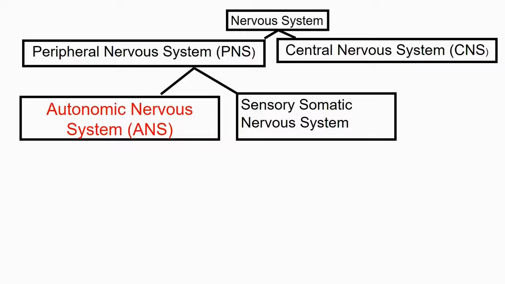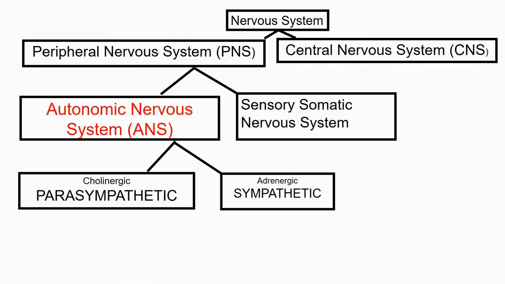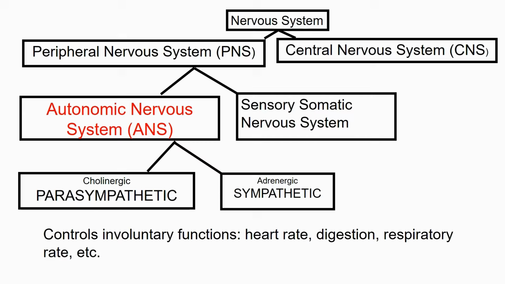The autonomic nervous system is further divided into cholinergic, also known as parasympathetic effects, and adrenergic, or sympathetic effects. The autonomic nervous system mainly controls involuntary functions of the organs such as heart rate, digestion, respiratory function, etc. So let's look at each organ and how those effects happen from parasympathetic and sympathetic.